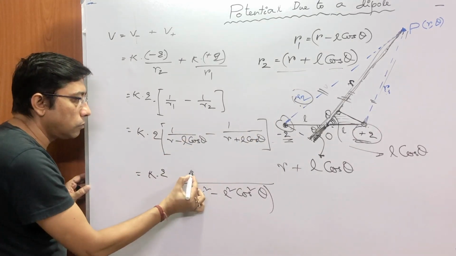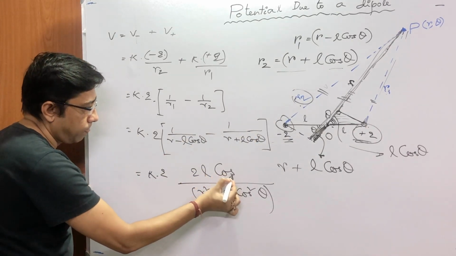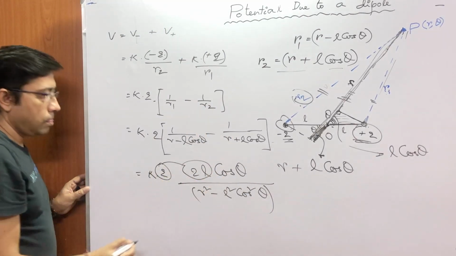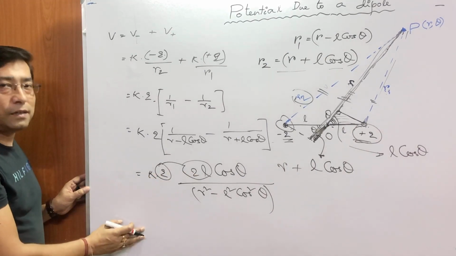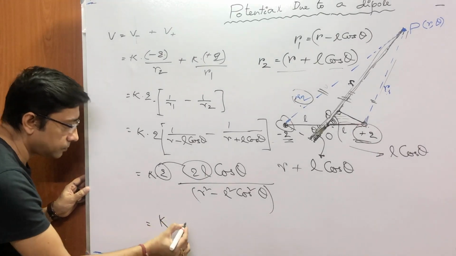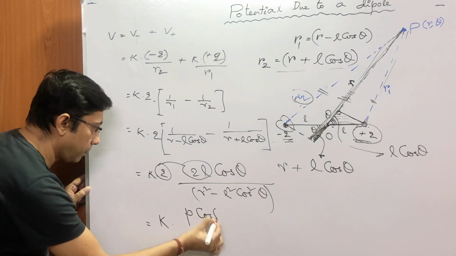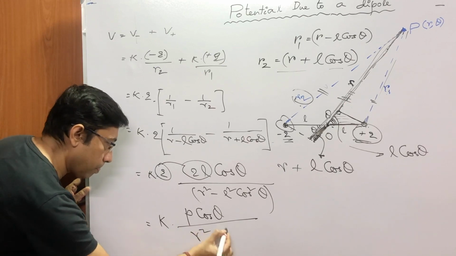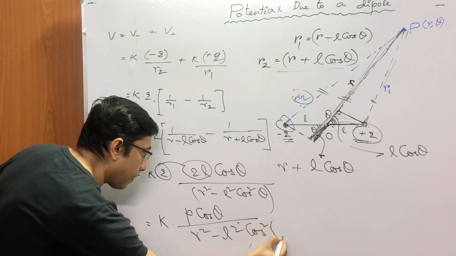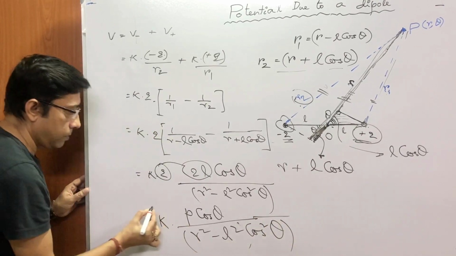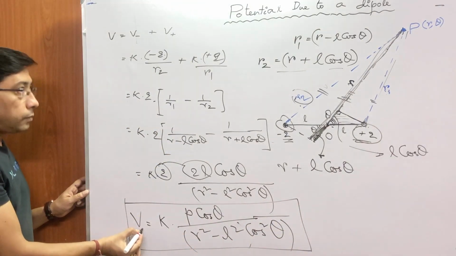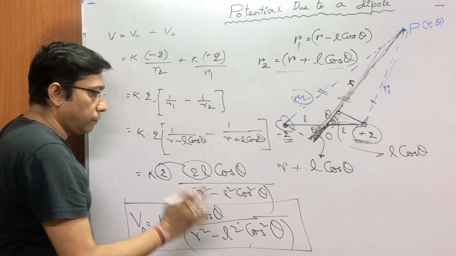So R will cancel out, so 2L cos theta. You can well understand, remember P, dipole moment. So that is the total potential at the point P. This is the formula.